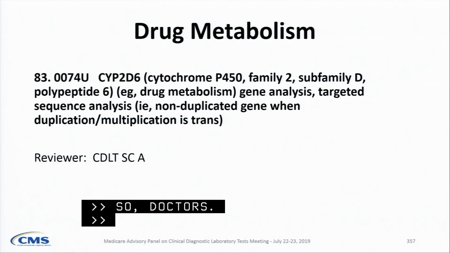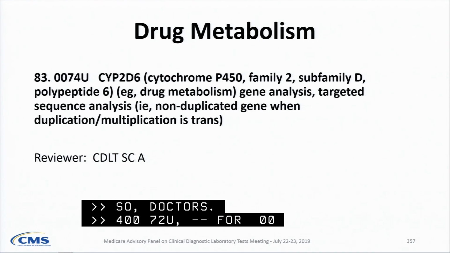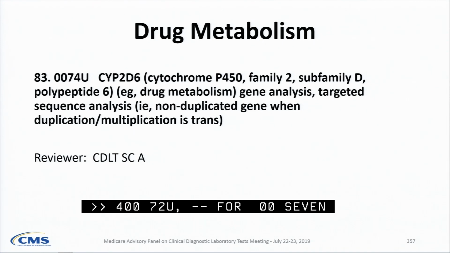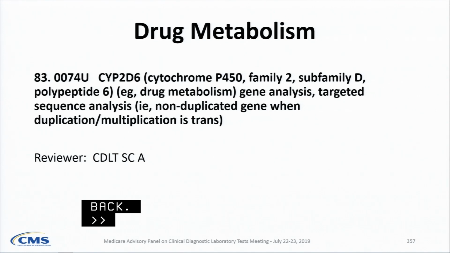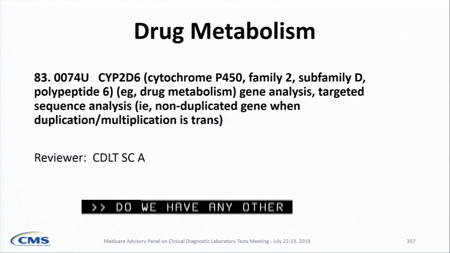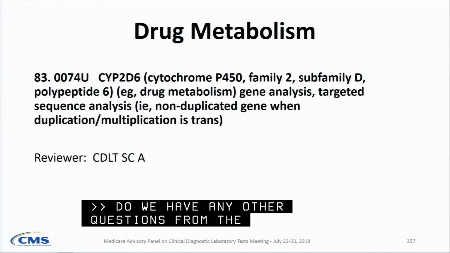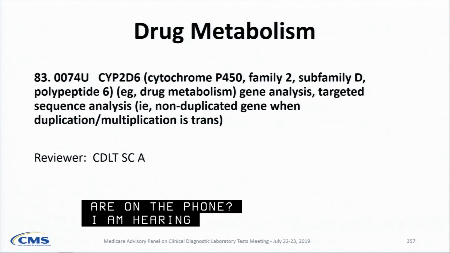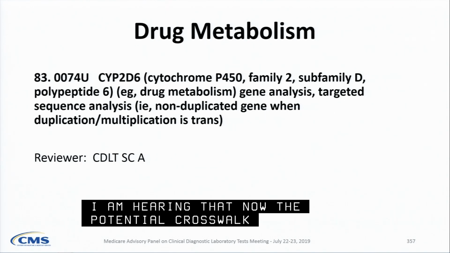So for 0072U, I would change our crosswalk back to what the lab presented, and that was 81238. Do we have any other questions from the folks here? Folks on the phone? So, I'm hearing that now the potential crosswalk for 0072U is only 81238. Yes.